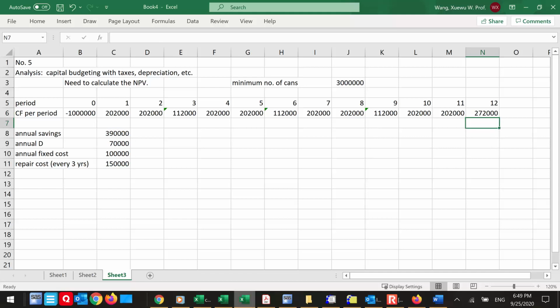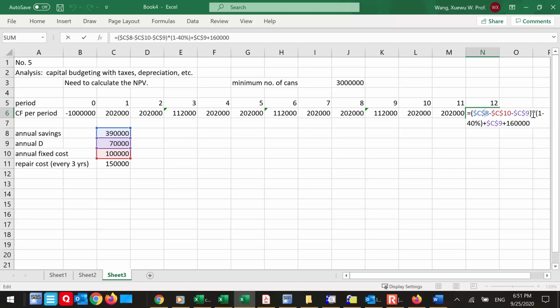All right, I think there's a confusion here. So the repair cost 150,000 is actually every 3 years. So it is a little unclear as to whether you're going to incur the $150,000 at the end of year 12. Okay, and that's going to affect our cash flow in year 12.